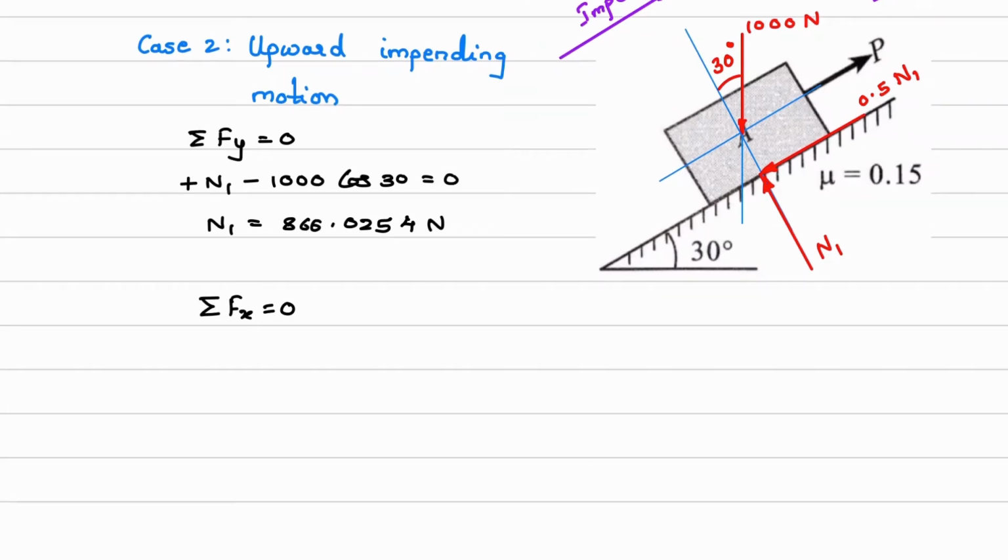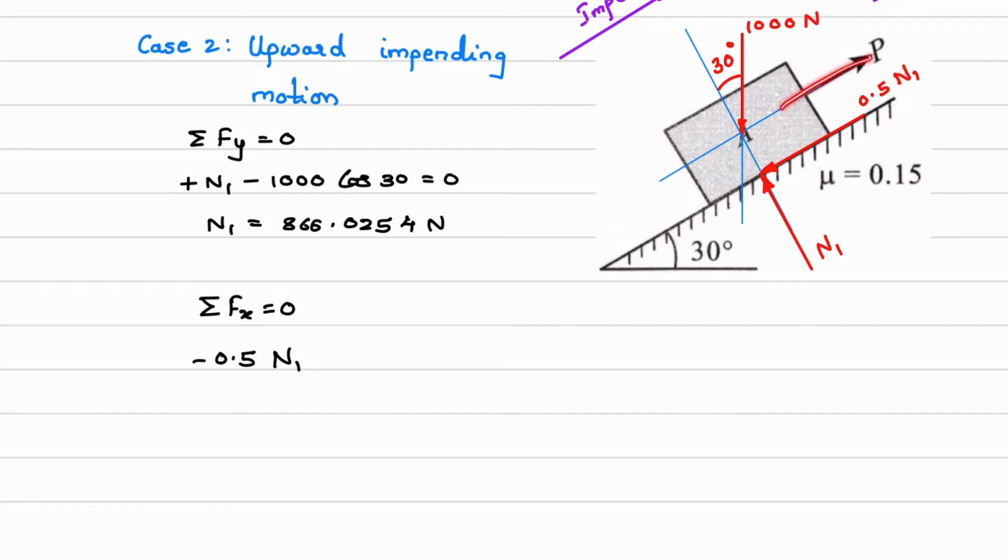Next, summation Fx equal to 0. All the forces in this x direction we are considering positive, and in this direction x we are considering negative. So friction force is towards left, so it will be minus 0.15 N1.